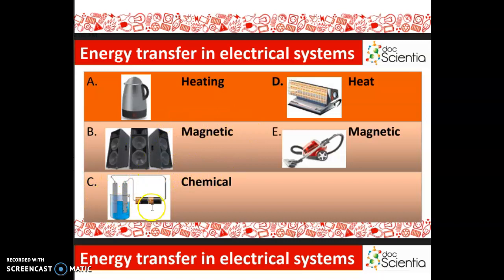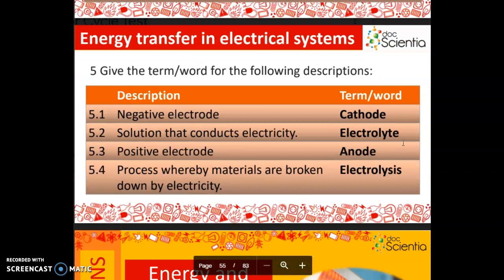C is electrolysis, for example. And that is chemical effect. Yes, we just read a whole study about it. Number D, a heater. Yes, heat effect. And vacuum, the magnetic effect.